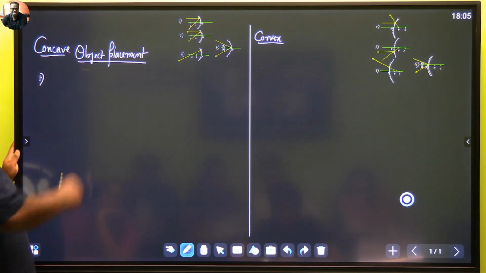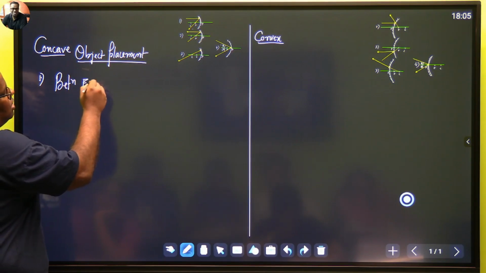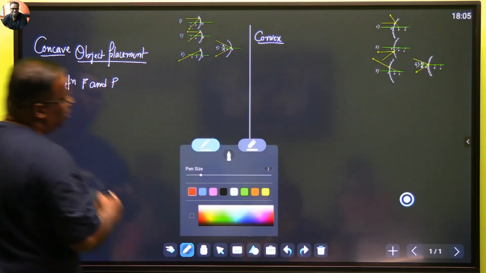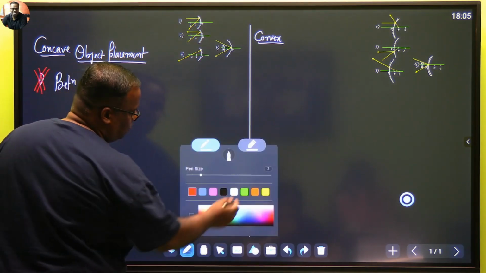Number one, when the object is placed between focus and pole, इसको तो एकदम खा लो. This is very, very important for you. Focus and pole. Why is this very important for you?